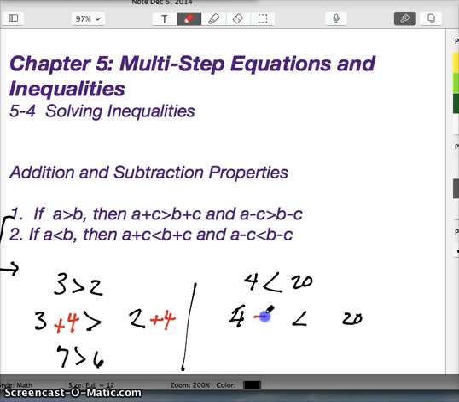If I subtract 5 from both sides, this will yield a -1 here, and it will yield a 15 here. And still you notice that the inequality is preserved. So the take-home point here is that what you do to one side of an inequality in terms of addition and subtraction, you need to do to the other, and the inequality is preserved.